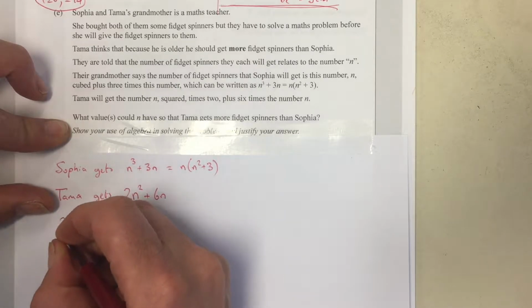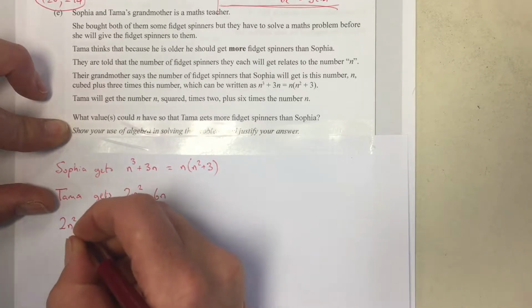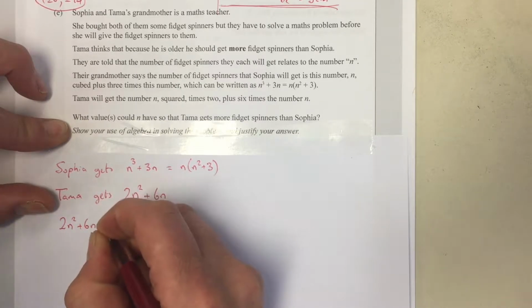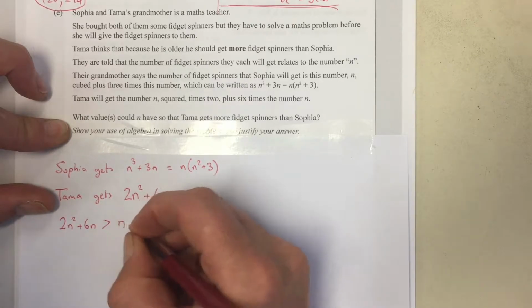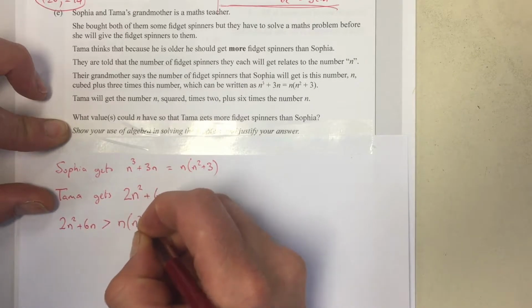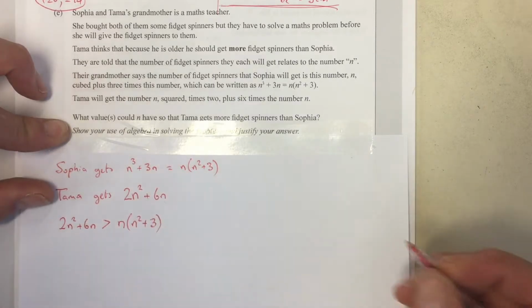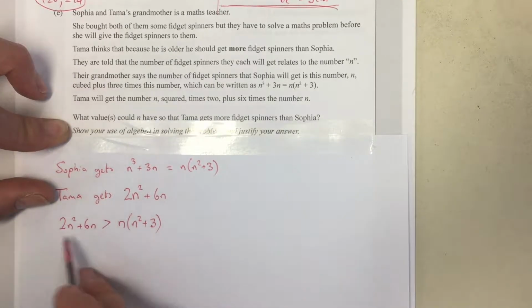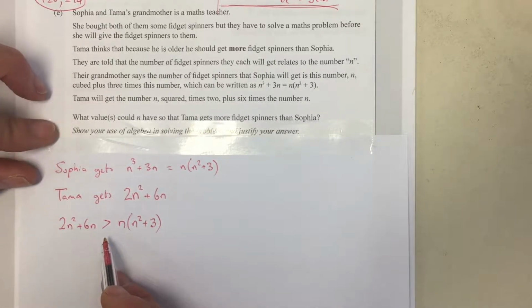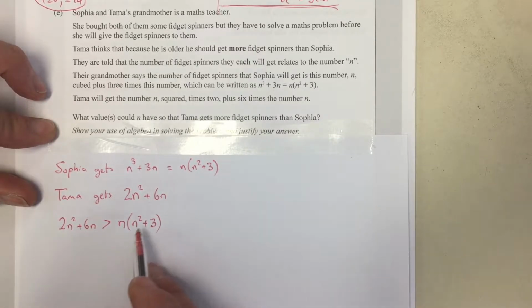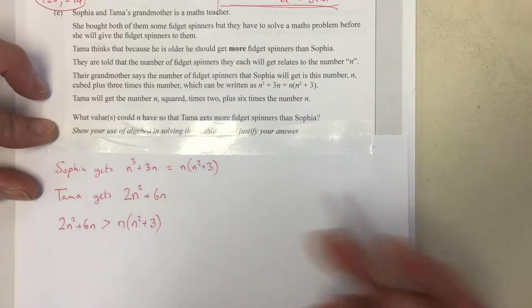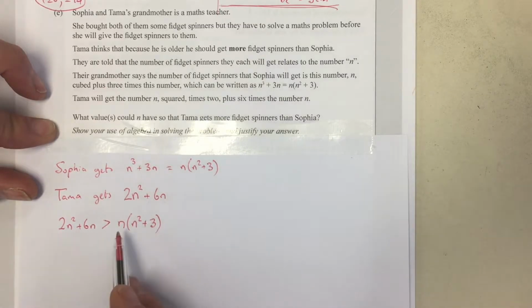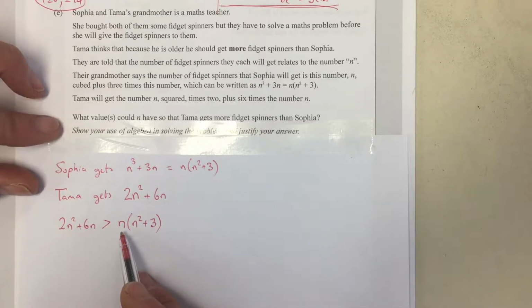Okay, so let's write that out. 2n squared plus 6n must be bigger than n bracket n squared plus 3. Okay, so we've got an inequation that we need to solve, but it's got a cubic in, and at level 1 we don't solve cubics, so we need to see if we can turn it into a quadratic.